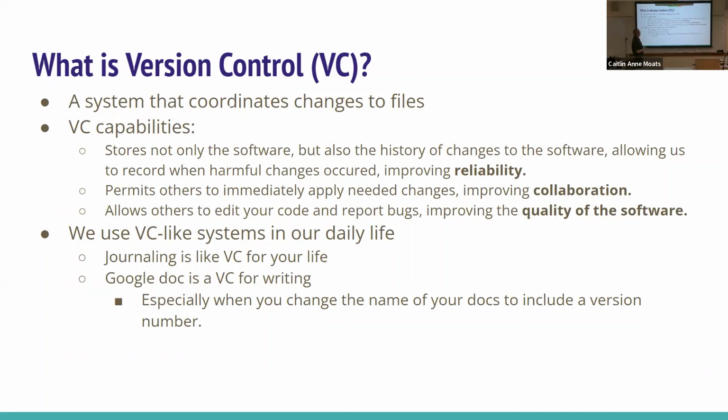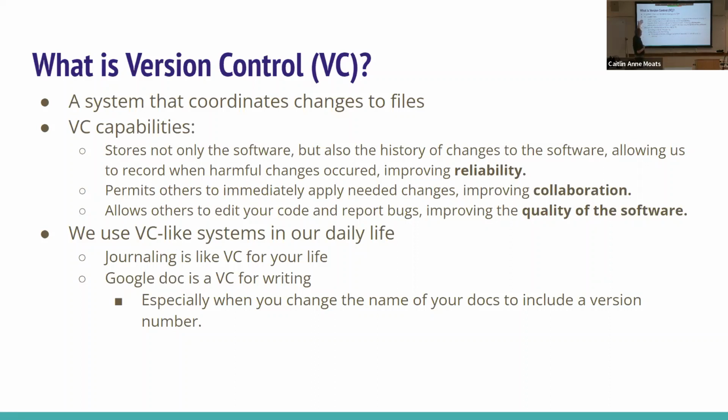So it's a system that coordinates changes to files, right? There's certainly more to it than that, but it's about files, it's about remembering those files, and keeping track of the changes that have been made and allowing those files to be distributed so that different people can work on them and then bring it all back together in a single location.